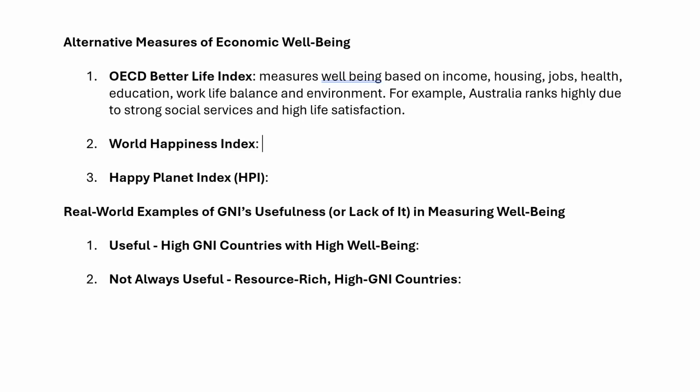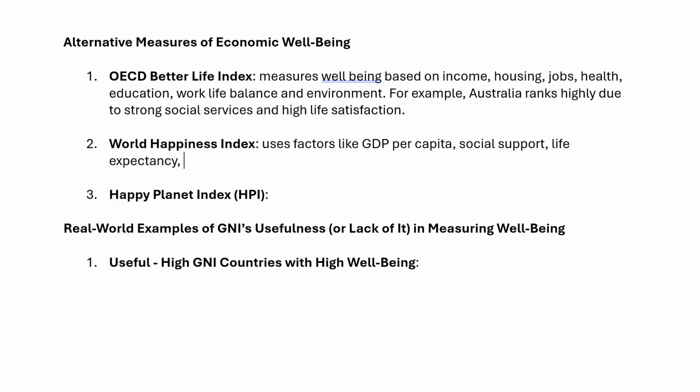The second alternative measure of economic well-being is the World Happiness Index, which uses factors like GDP per capita, social support, life expectancy, freedom, and corruption perception.